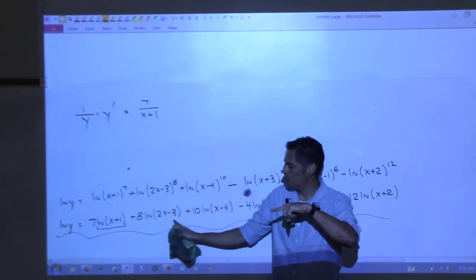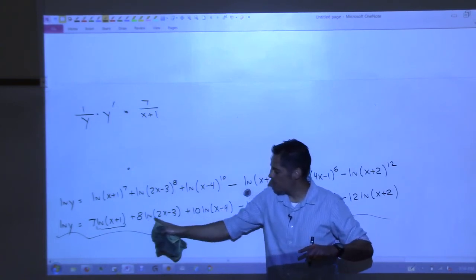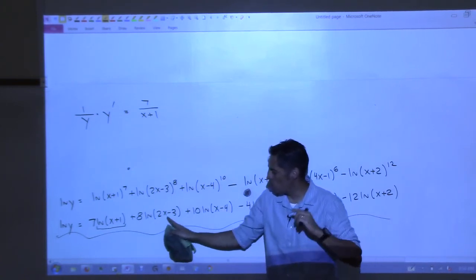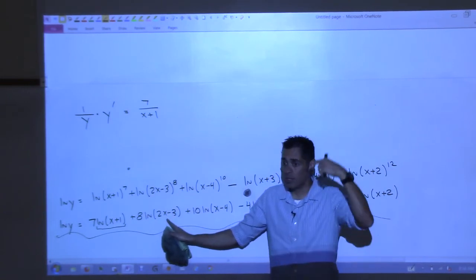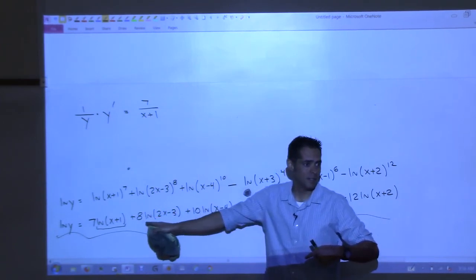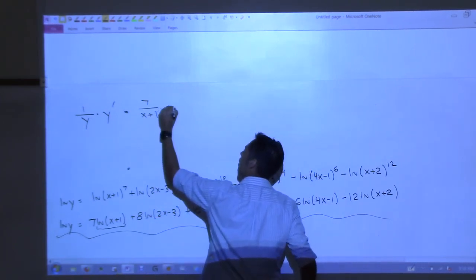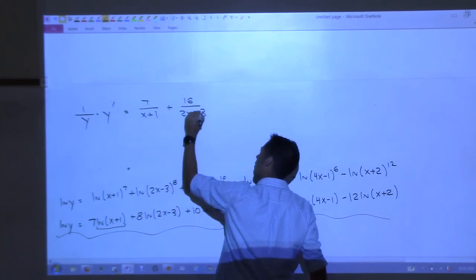So the derivative of just the natural log part is 1 over this, right? Times the derivative of what's in here. 2. So it's really 2 over this, isn't it? 2 over this, but then times the 8. So 16 over 2x−3.